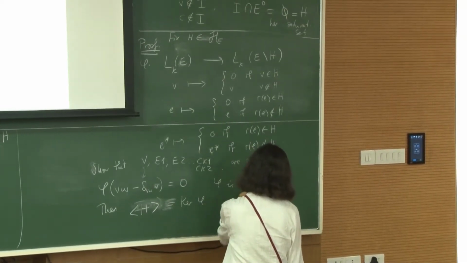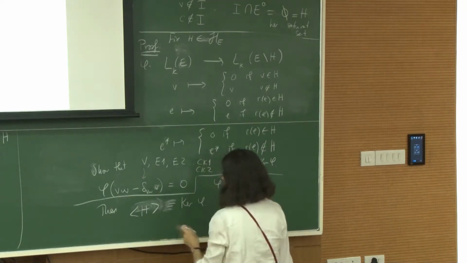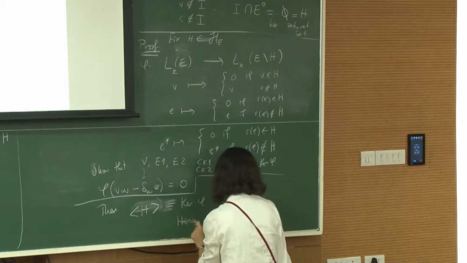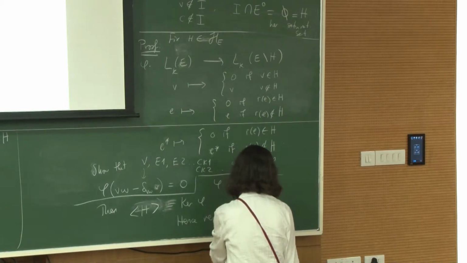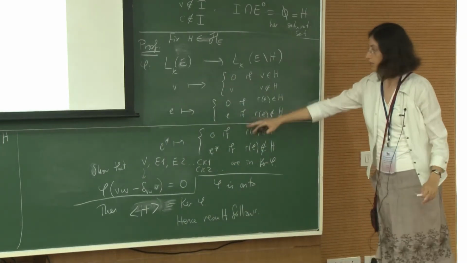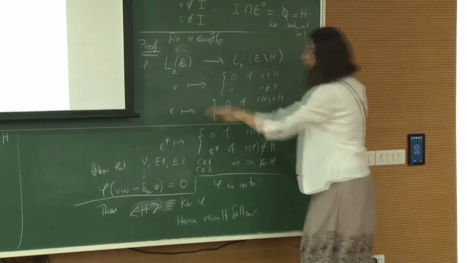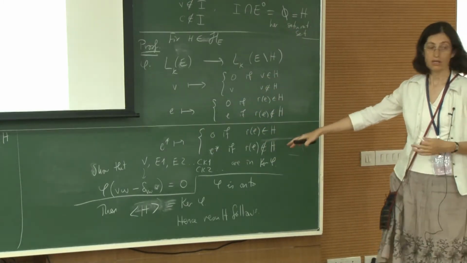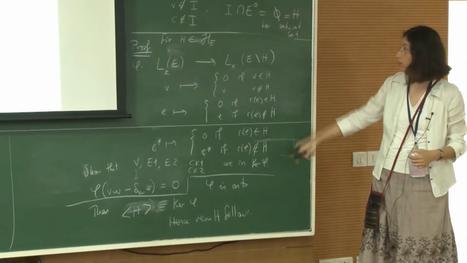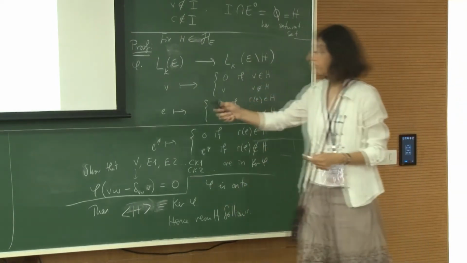You can ask me for details, but via this brief definition, if you define the phi on the generators and show that it's an algebra homomorphism, the kernel turns out to be this one.